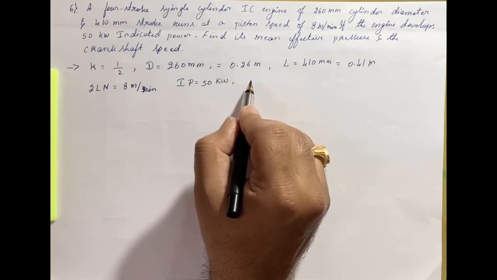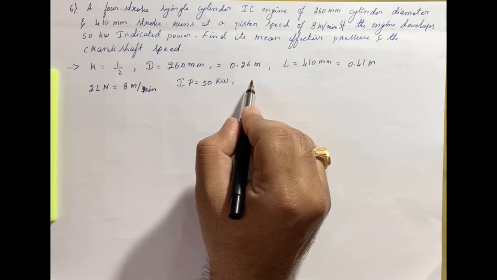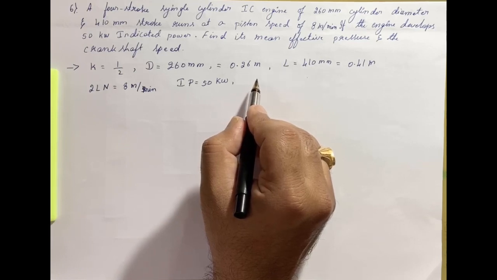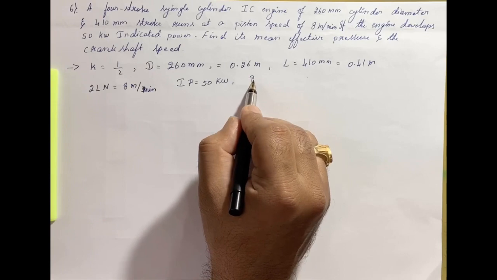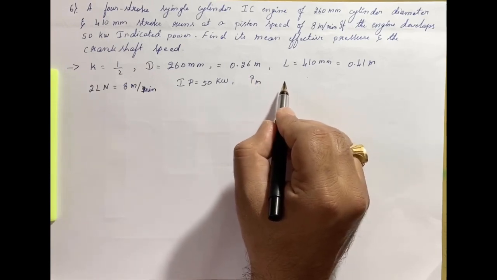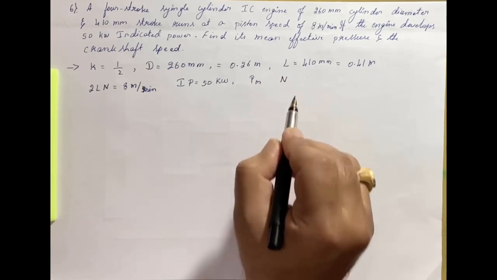Now find the mean effective pressure, that is PM, and the crank speed N. Now to find these two, what is the formula we have?